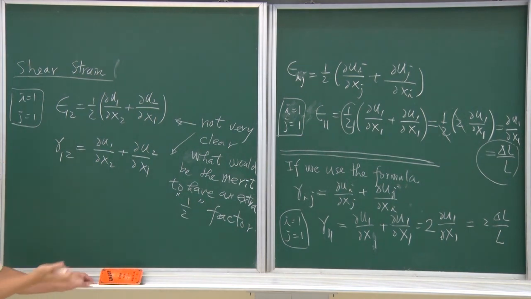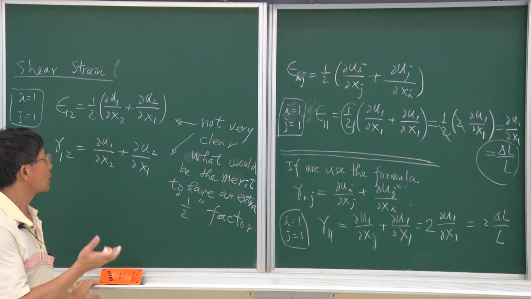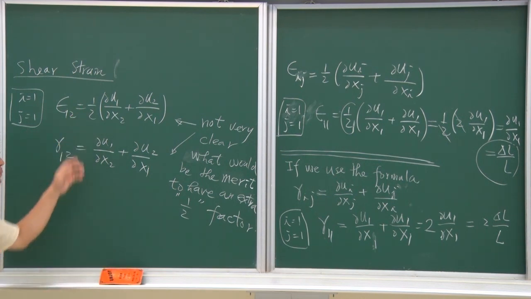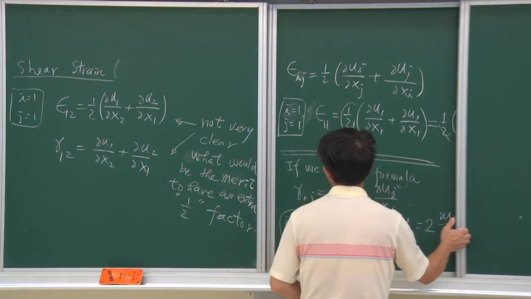Okay, the reason is not very clear. If we have 1/2 here, it's okay. If we don't have, it's still okay. So when we look at the shear term, the merit of the 1/2 factor is not clear.